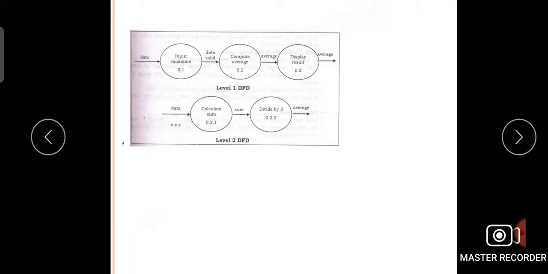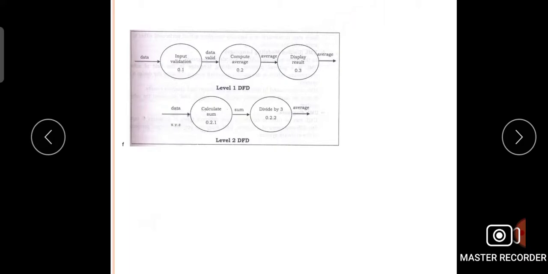Input validation, compute average and display result are covered by the level 1 data flow diagram. Calculate sum and divide by 3 is the process of our level 2 DFD diagram, which depends on the context level and level 1.